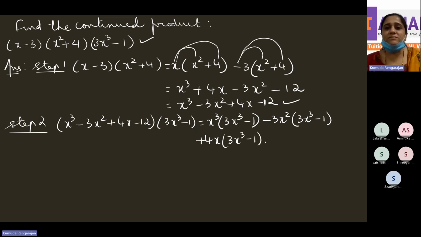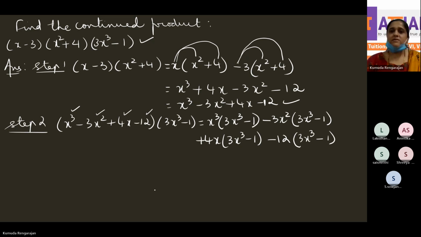Now what's the last term? Minus 12. See, this is the first term, this is the second term, this is the third term, this is the fourth term. Minus 12 into 3x cubed minus 1.